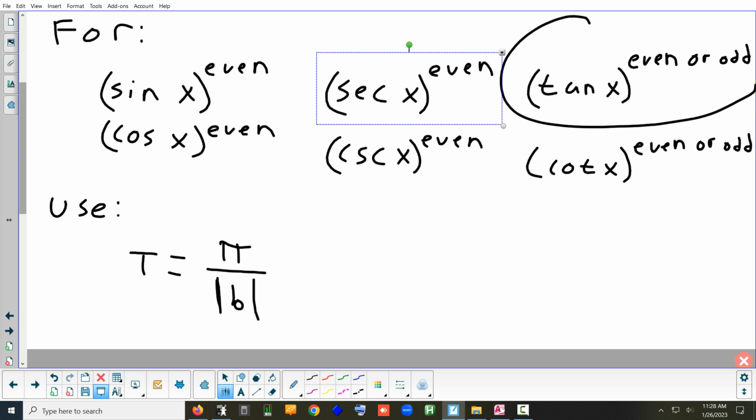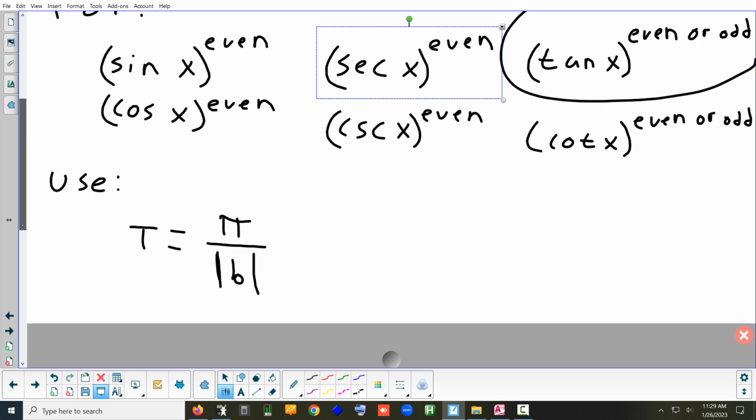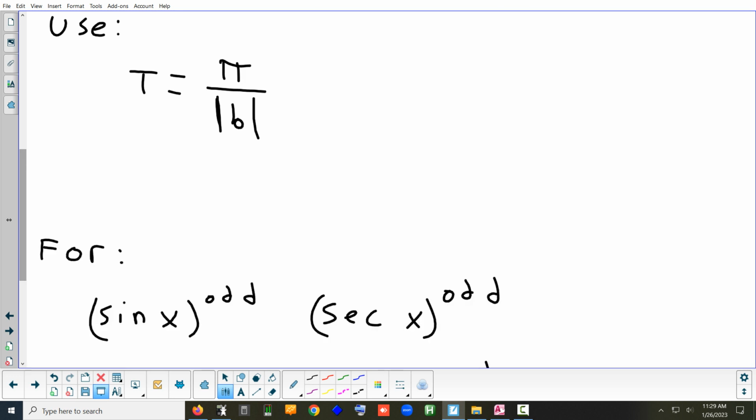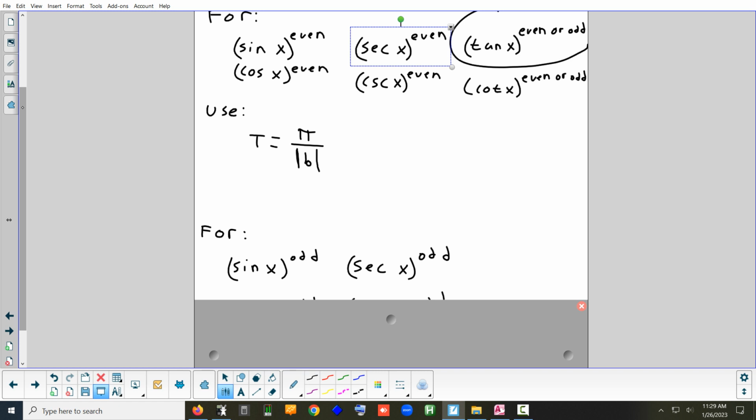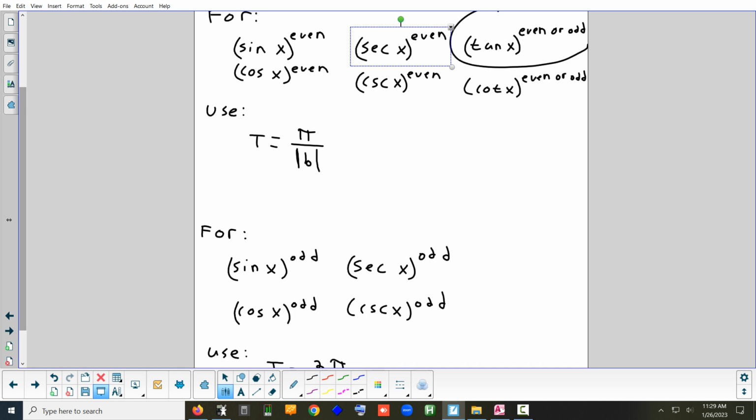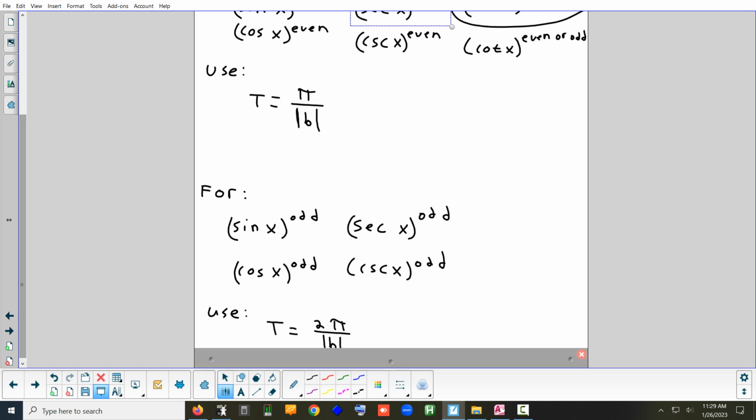Now, the other cases you could have would be sine, cosine, secant, or cosecant to an odd power. And the formula for that is 2 pi over b. T is the period.